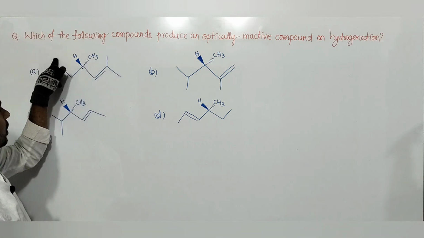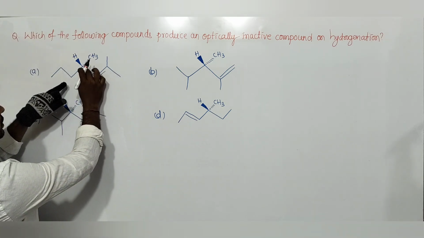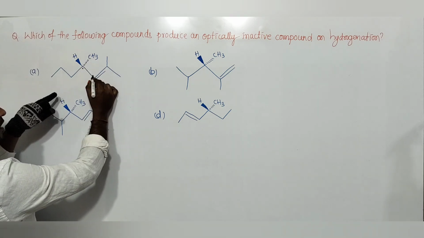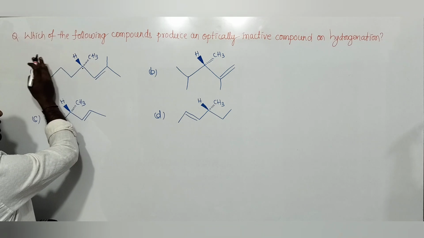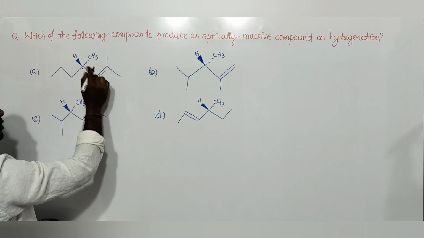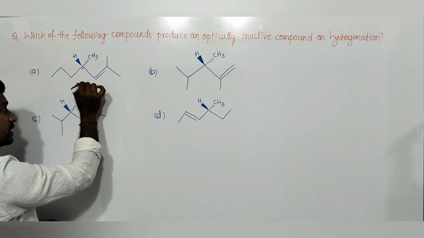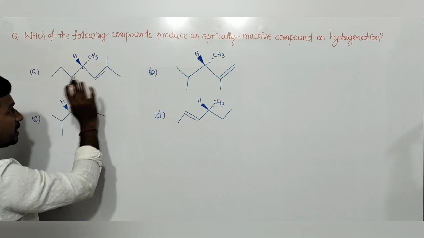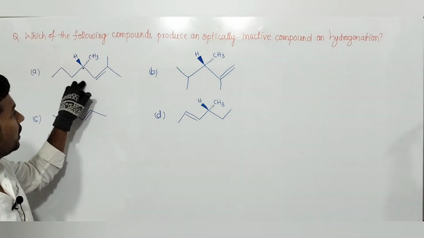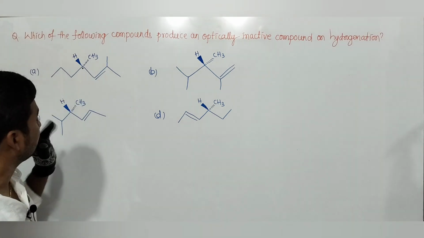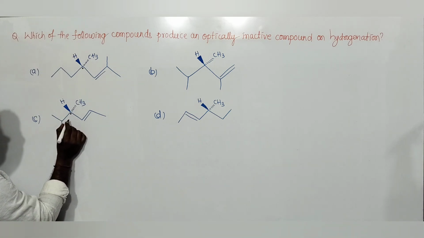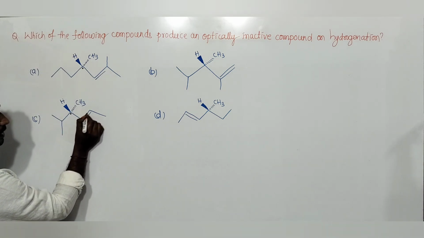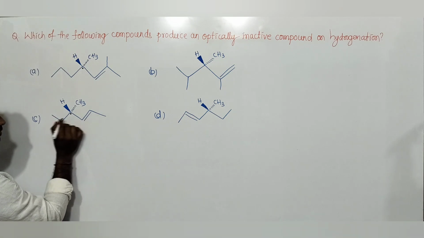So the branches are different, hydrogen different, methyl group different. In this condition it is optical active, and after addition of hydrogen also optical active, there is no change. Here if two hydrogens are added, these two are different.